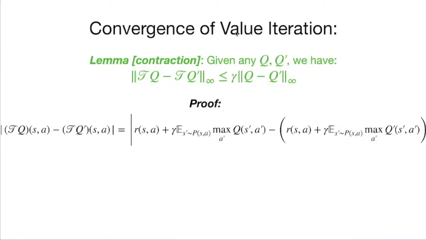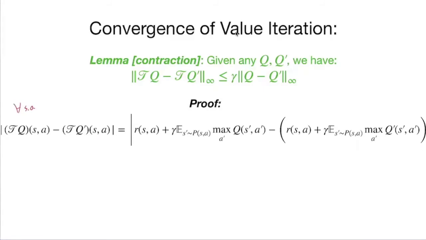Right, so let's just start by definition, which is always what we do. We want to prove the difference between outputs is smaller than the difference between inputs. So let's write out the difference between two outputs, TQ and TQ prime, and arbitrarily pick a state action pair.